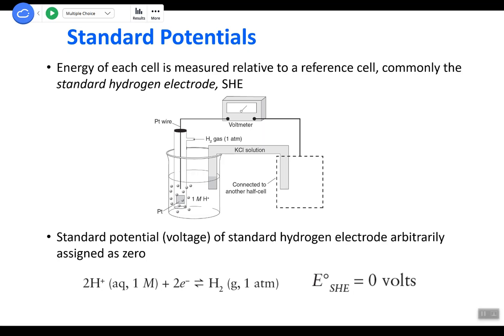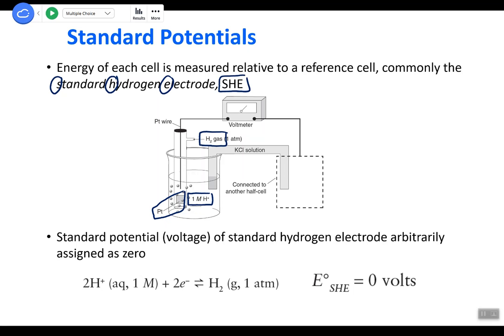If we have a 1 molar solution of H+, so a 1 molar solution of acid, and we're using a solid platinum electrode, and in this solution, we have a 1 atmosphere concentration of hydrogen gas. This combination of 1 molar H+, 1 atmosphere of H2 gas with a platinum electrode is defined as the standard hydrogen electrode, or SHE.